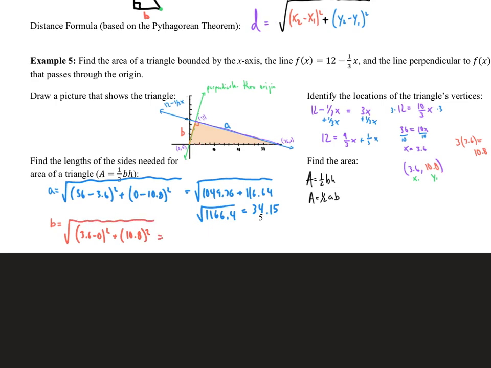So 3.6 squared plus 10.8 squared. That's equal to 129.6. And the square root of that is 11.38. So there's A and B.